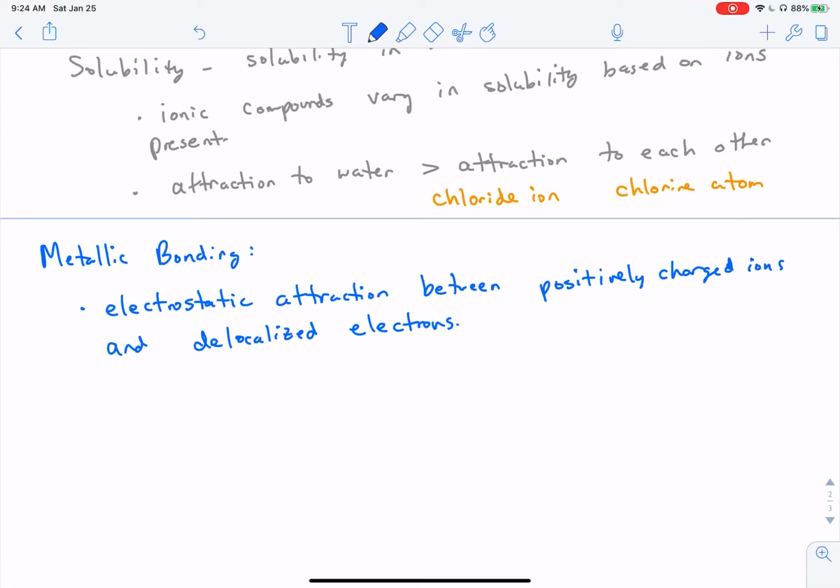So metallic bonding generally has a metal species that donates all of its valence electrons to the entire substance, and then those delocalized electrons hold all the positive ions together in a lattice.